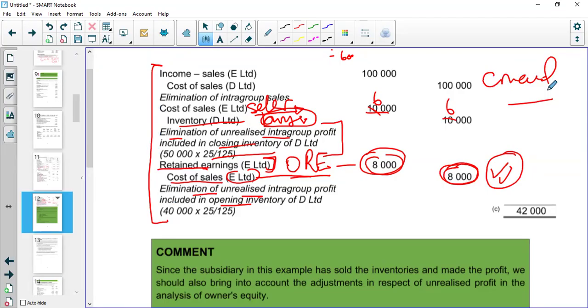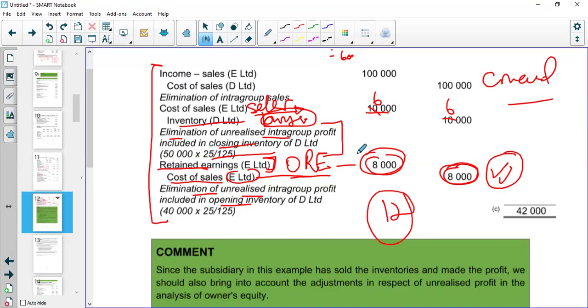But before you can apply the deferred taxation, you need to have arranged this correctly first. The opening inventory, they will say to you, do the journal entries for inventory, and they give you 10 marks, sometimes 12 marks. You have to say this and that deferred tax. You get a lot of marks, but you need to understand the basics now. So I want you to make sure you can understand this.